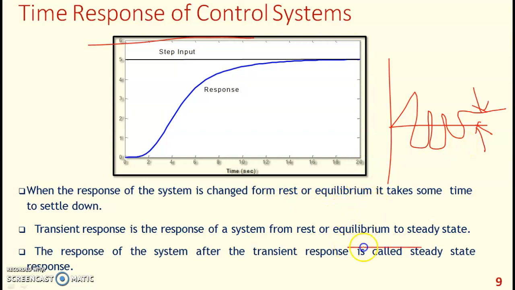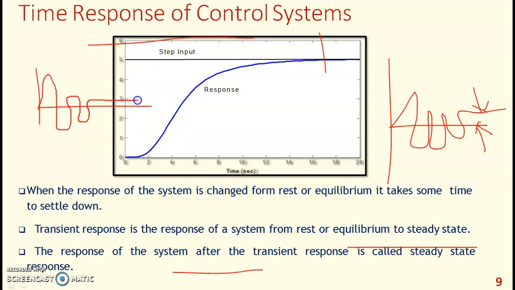The response of the system after the transient response is called the steady state response. This is the transient response. After the transient response, it reaches the steady state. This area is called the transient response of the curve, and this is the steady state response.